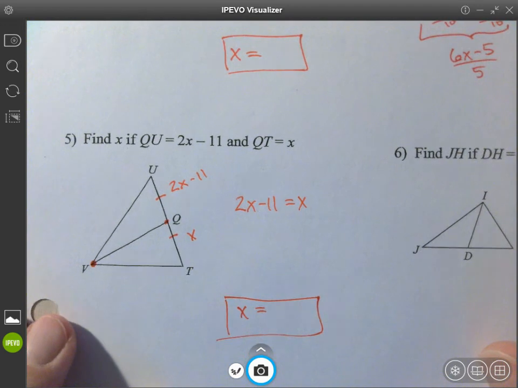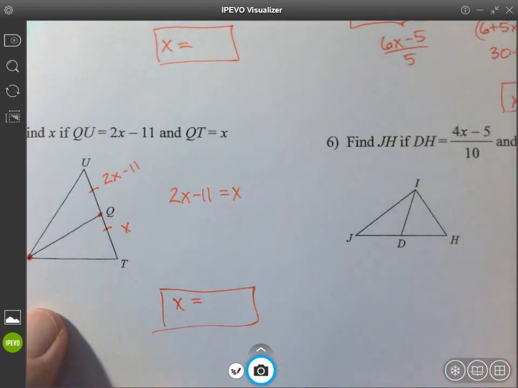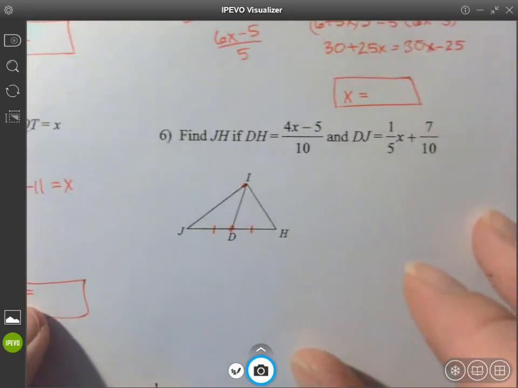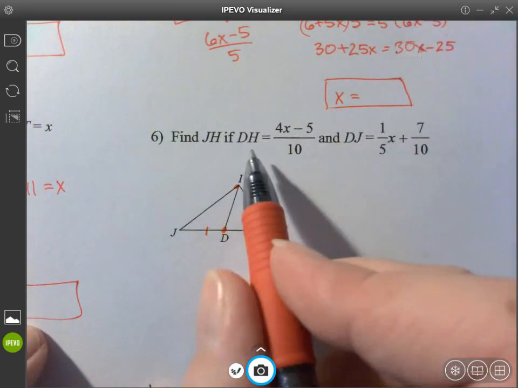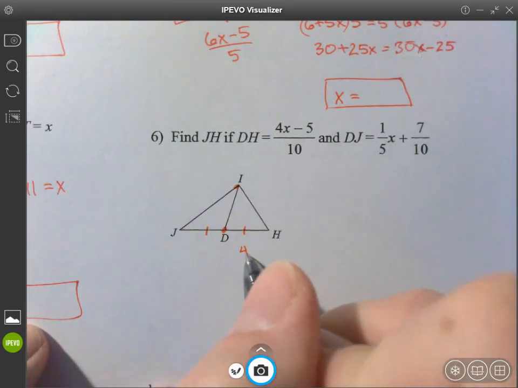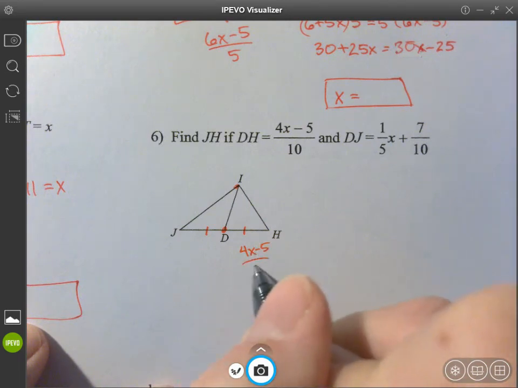Okay, let's set up the next one. Go ahead and show that median line, vertex to opposite midpoint, splits this segment in half. And let's see what we have. DH, this piece, is (4x minus 5) all over 10.